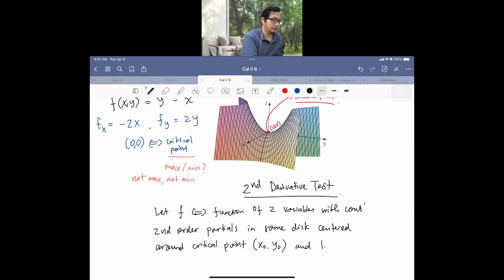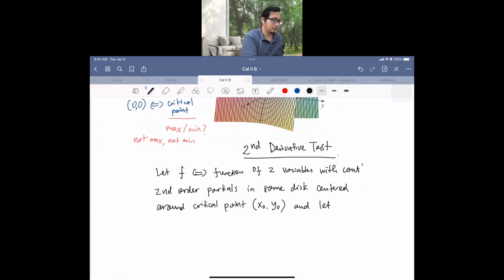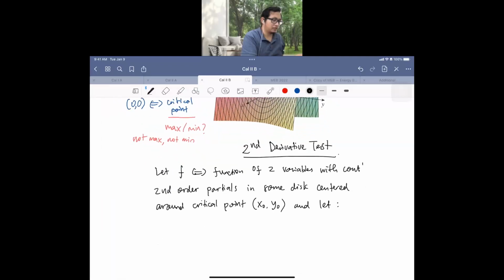And let's say we have another equation that we call D, which is partial xx times partial yy minus partial xy squared.